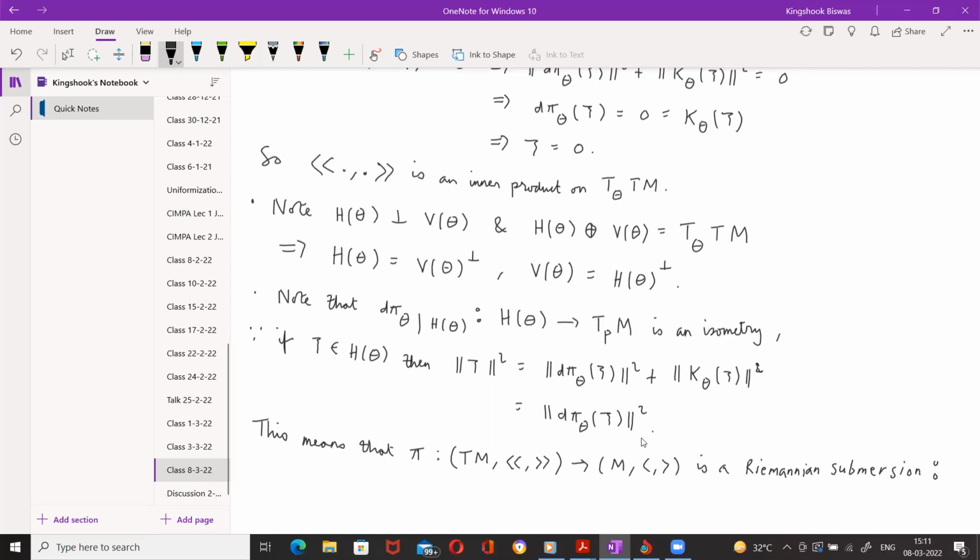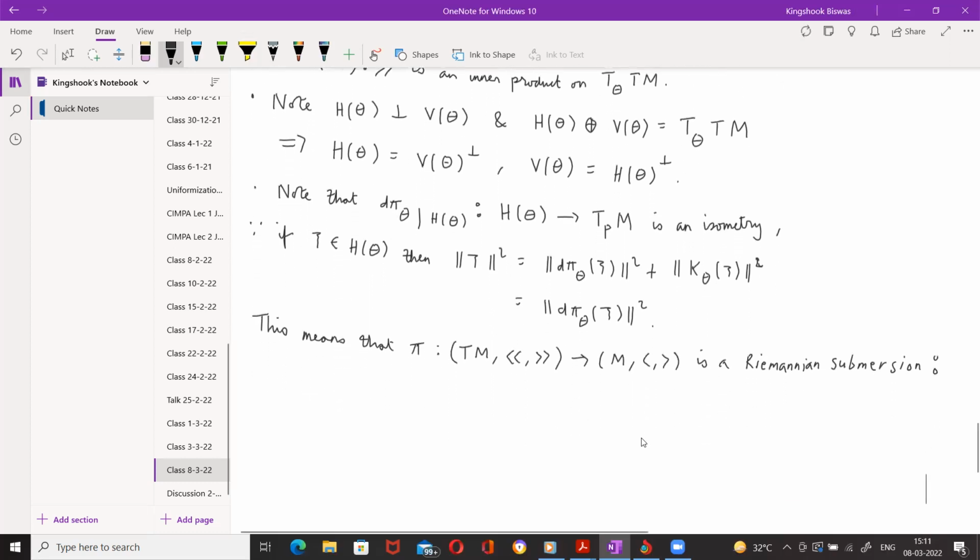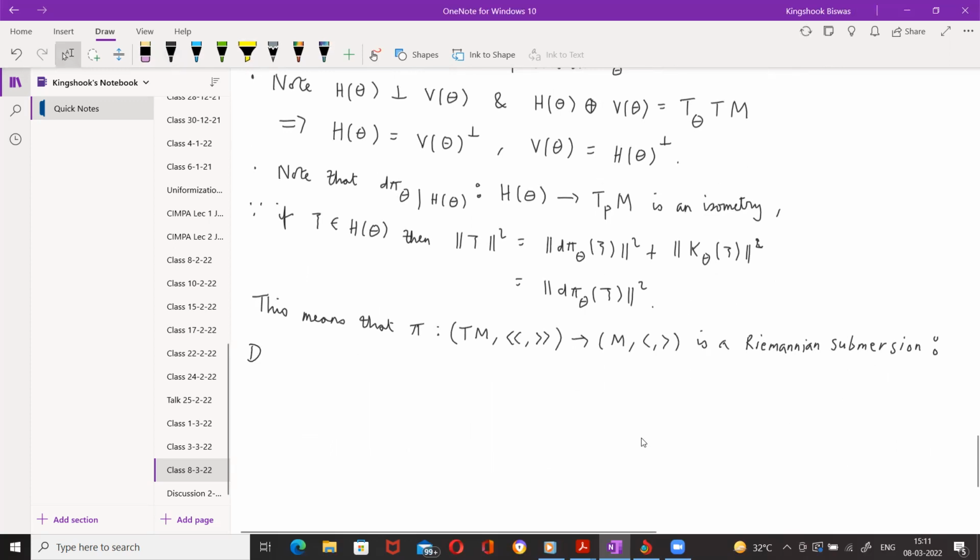So let me define that. We'll use this later. So the definition is that f, a map from Riemannian manifold (M, g1) to (N, g2), is a submersion.